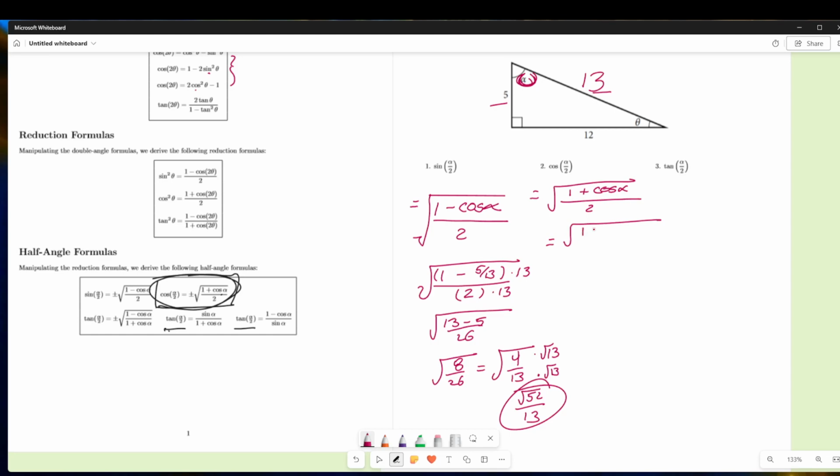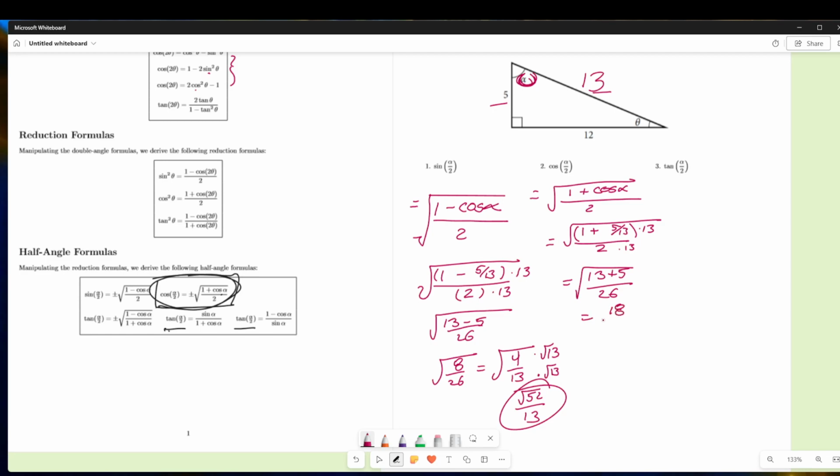But the cosine of alpha is still 5/13 over 2. So I'm still going to multiply by 13. And you could get common denominators and work that out if you wanted to, but I think it's easier to do it this way once you're practiced with it. So 13 plus 5 this time over 26, square root.